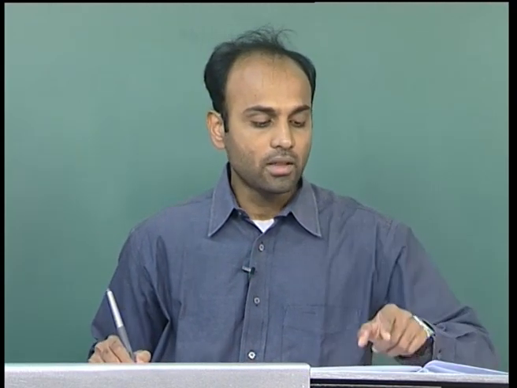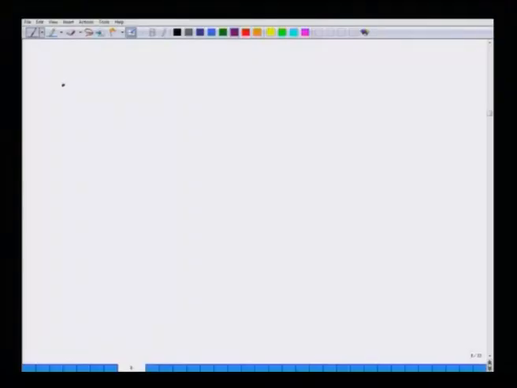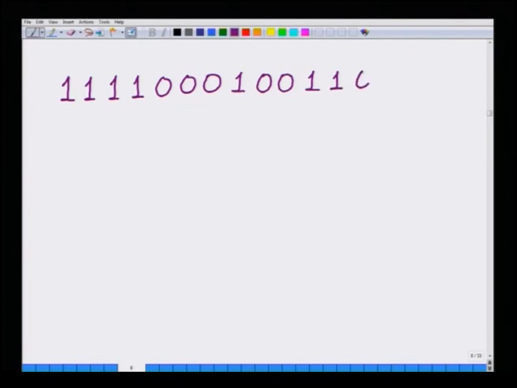The PN sequence that was generated, let me write down that PN sequence, that is 1 1 1 1 0 0 0 1 0 0 1 1 0 1 0.